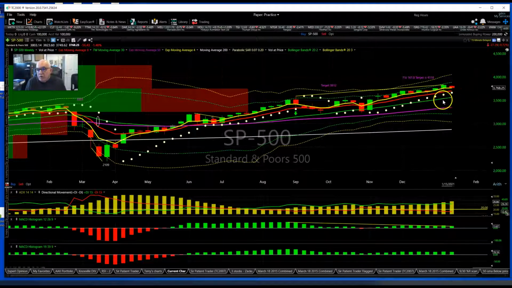Now, last week I mentioned a couple of things that occurred to me on the chart, and one of those was that last week's bar came pretty close to hitting that 2 standard deviation line, that Bollinger Band of 2 standard deviations, that dotted green line.